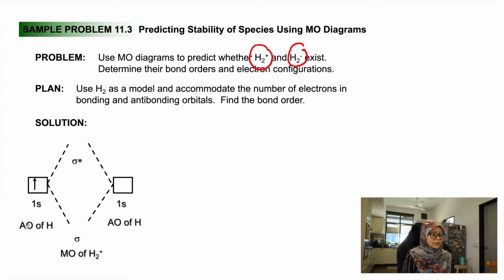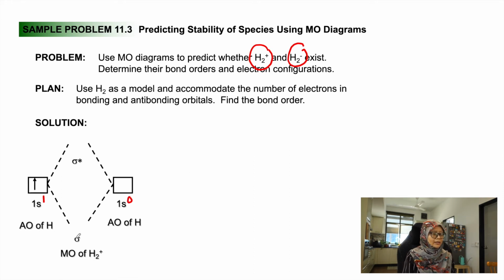We have the atomic orbital of hydrogen with 1 electron, which is 1s1. For the second one, because we want H2 plus, this hydrogen removes its 1 electron and becomes 1s0.